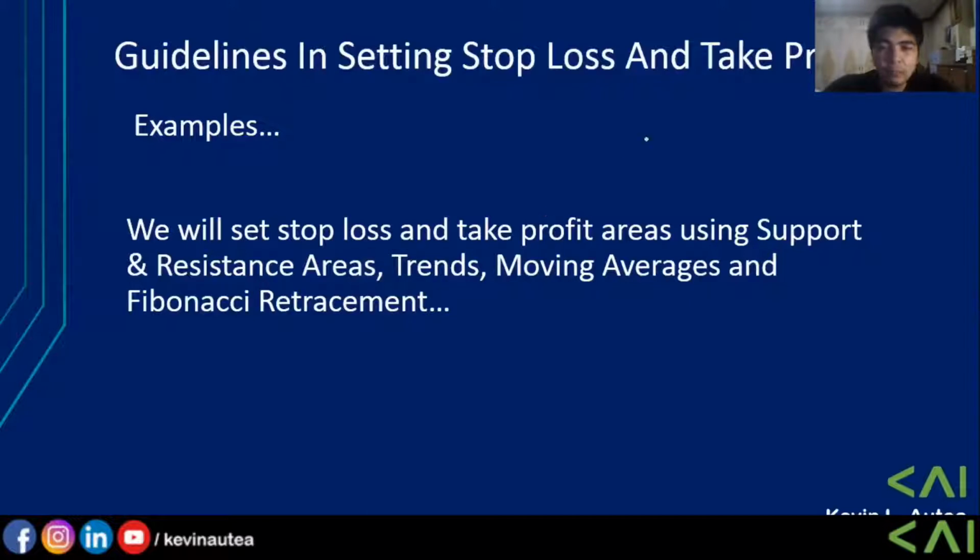This is of course for the succeeding days, but previously we'll try to figure out where we can possibly put our stop loss and take profit area based on the support and resistance, trends, moving averages, right? Let's see.